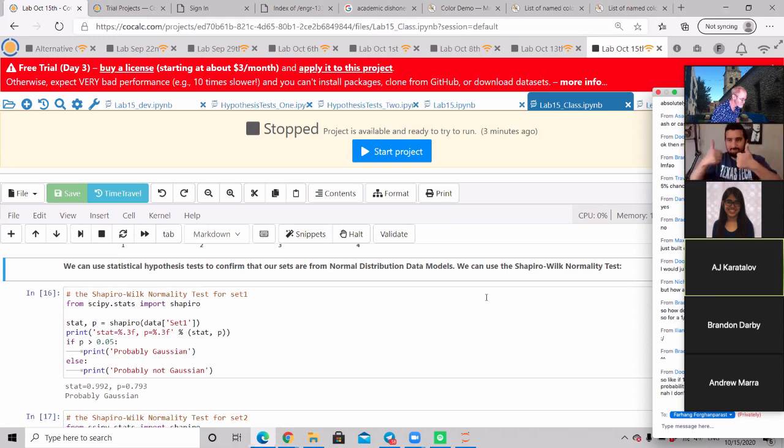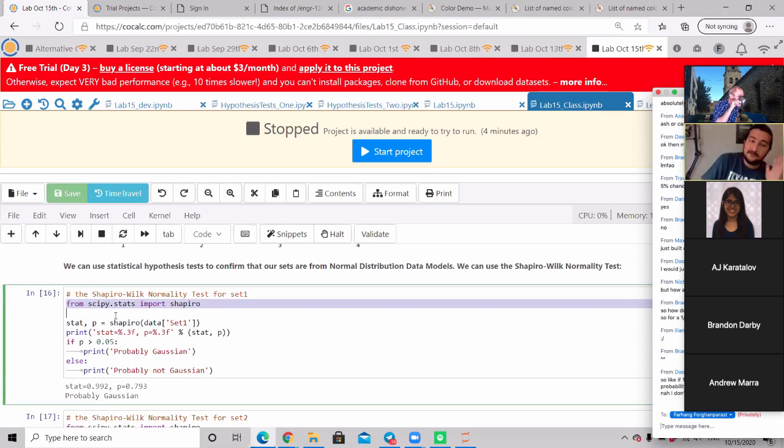You just continue. Cool. So, for the normality test, we have different options. Here I'm going with the Shapiro-Wilk normality test. First, from the SciPy stats library, I'm importing the Shapiro function.